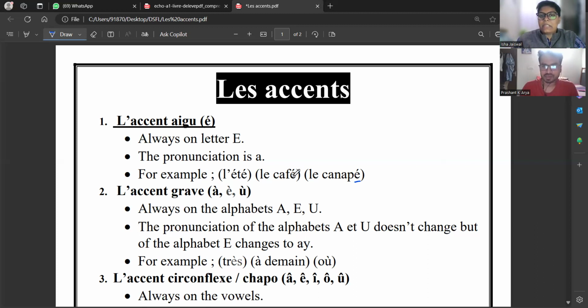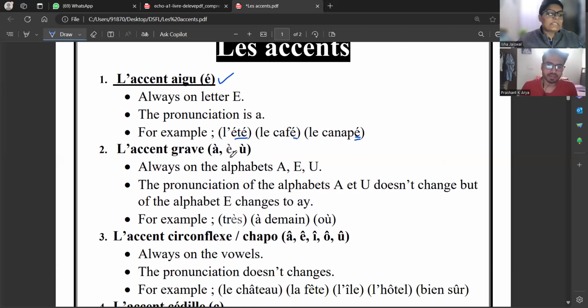But since the accent is there, we pronounce it as café. That A sound is coming from this only. Canapé, the A sound is coming because of this. Été, also because of this. So remember, if this accent is coming anywhere, the pronunciation is A.